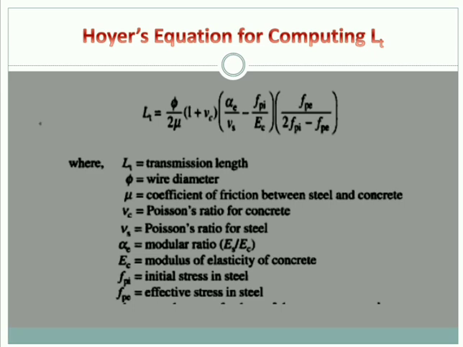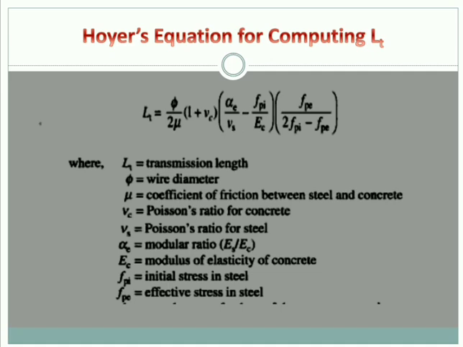Next comes Hoyer's equation for computing LT. This equation is a bit complicated and bigger, and examples may be asked on this equation also. With the given data you will be able to judge whether the empirical formula or Hoyer's equation is expected.